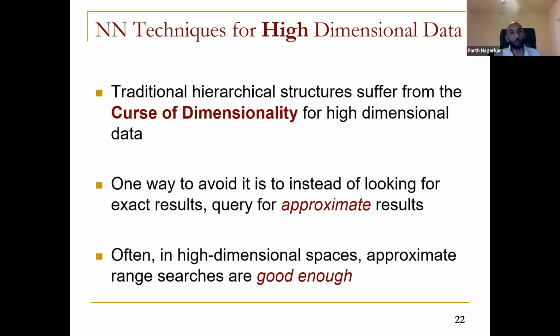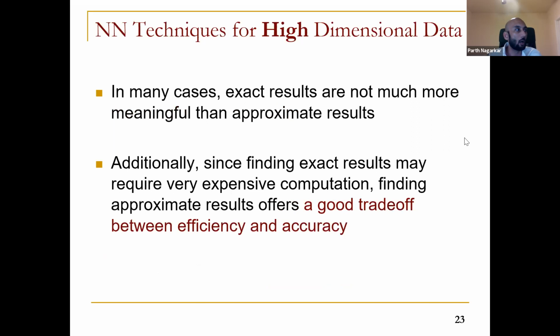What I mean by good enough is, these distances do not have much meaning as these dimensions increase. If you are talking about distances in tens of thousands, and you have two points and a query point where the distances are 10,001 and 10,004, there's not much difference between them.